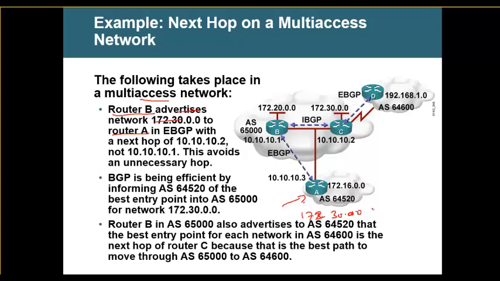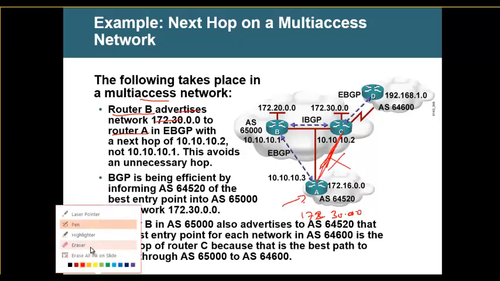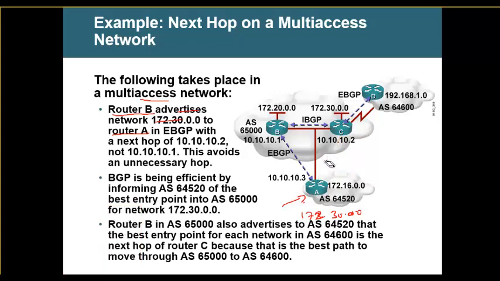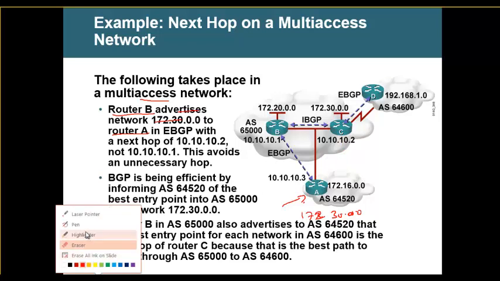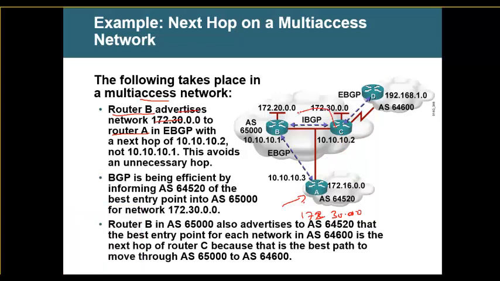Why? Because C and B are IBGP. C and A are not EBGP. There is no BGP session between these two. The BGP session is via B. C is forming IBGP with B, and B is forming EBGP with A.